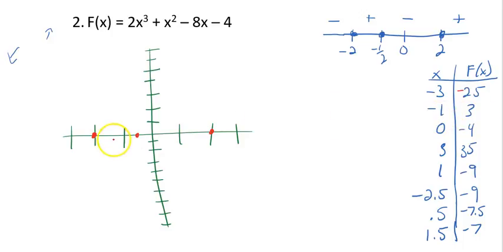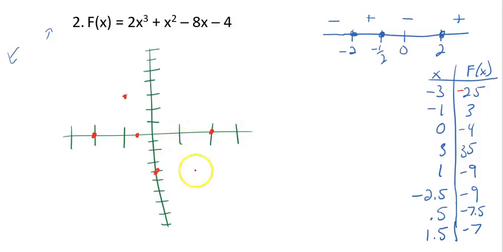So at -1, I'm at 3. At 0, I'm at -4. At 3, I'm at 35, sorry, so that's off my screen.